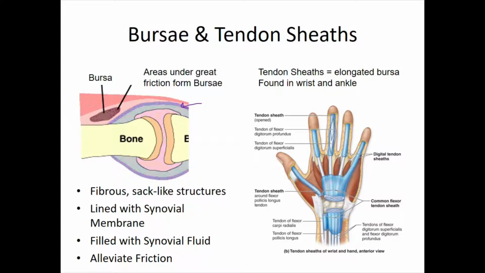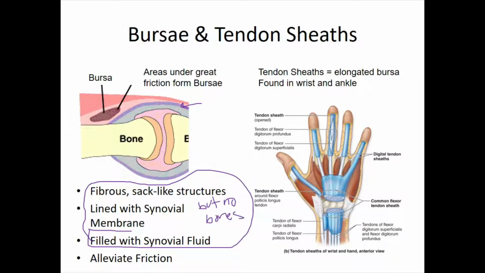Okay, so this is all similar to the joint capsule, except you're not joining two bones. So what you get are these little fibrous sacs that are filled with synovial fluid, and they act as protection against extra friction. So you will have these all over. We don't name any particular in lab, but as we're going through the joints, you might see them depicted in the pictures and the videos, all these different bursa.